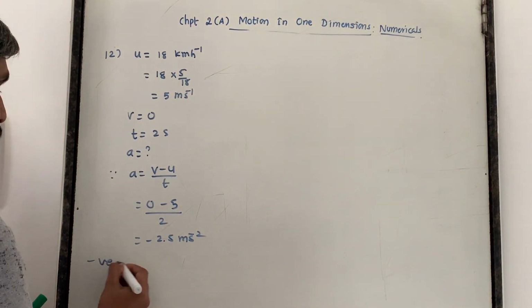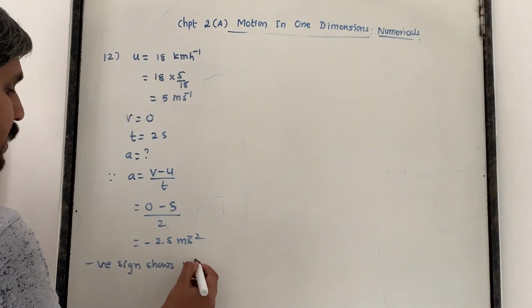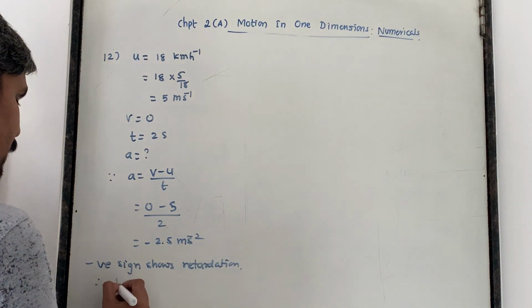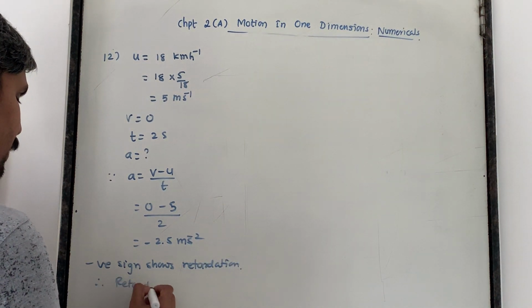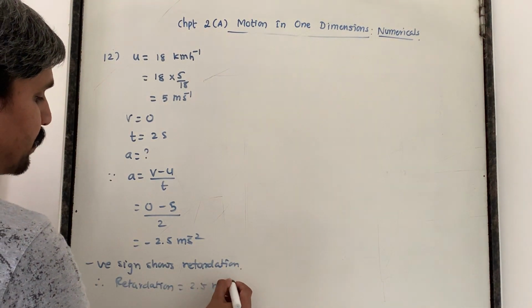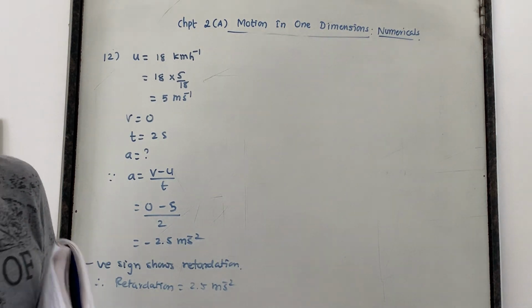The negative sign shows retardation. Therefore, retardation is equal to 2.5 meter per second square.